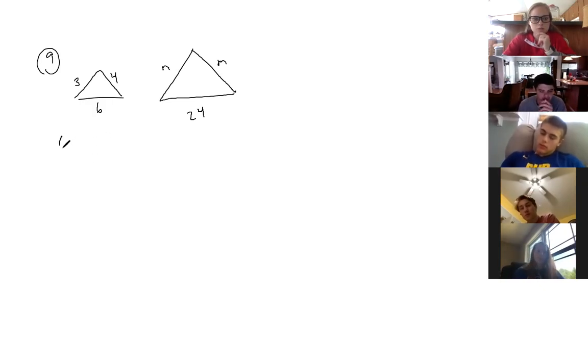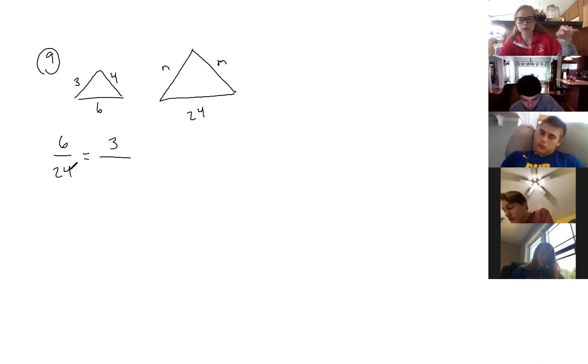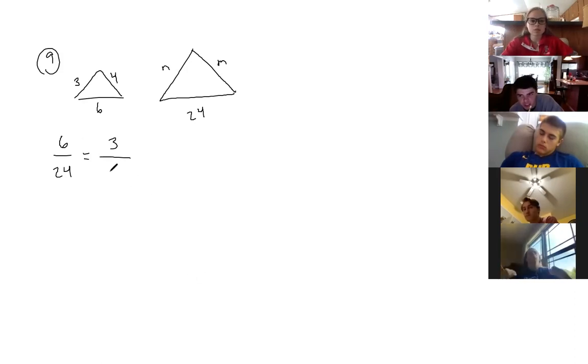Well, I know that side 6 corresponds to side 24. Set proportions equal to, well, let's see, side 3. Remember, whatever triangle you start with needs to be in the numerator. The second triangle needs to be in the denominator. So make sure you keep corresponding sides, as well as which triangle you started with first. And so therefore n would be in the denominator.